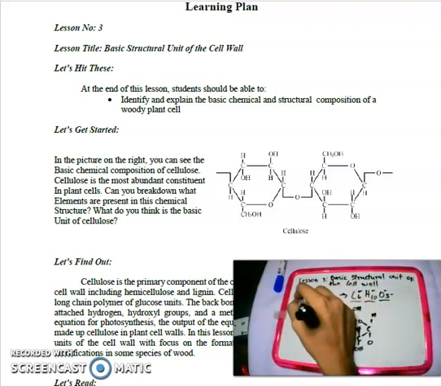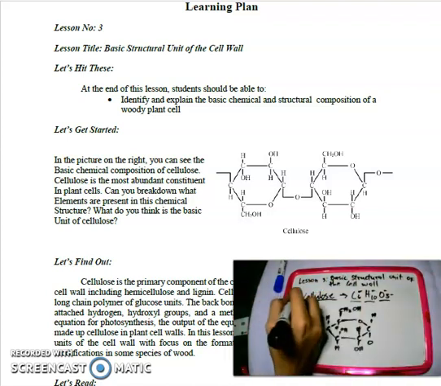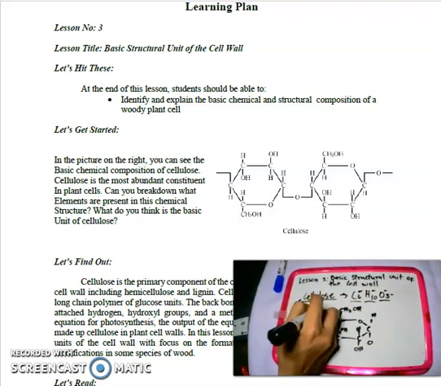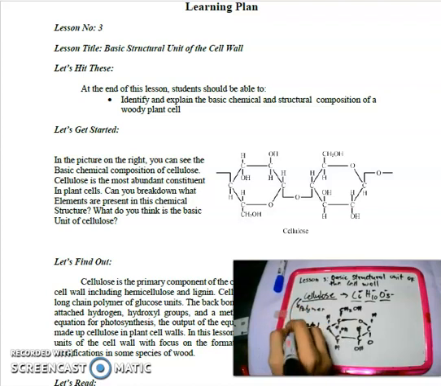Now, since cellulose is a polymer, this is a polymer that is connected by a beta-D-glucosidic bond.